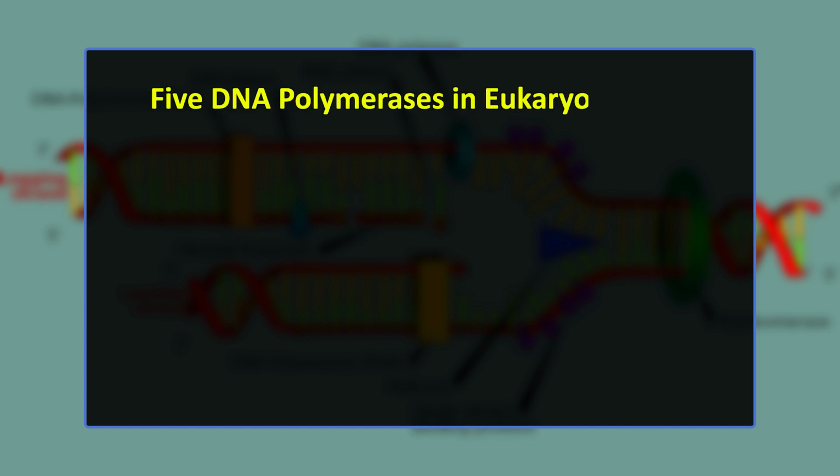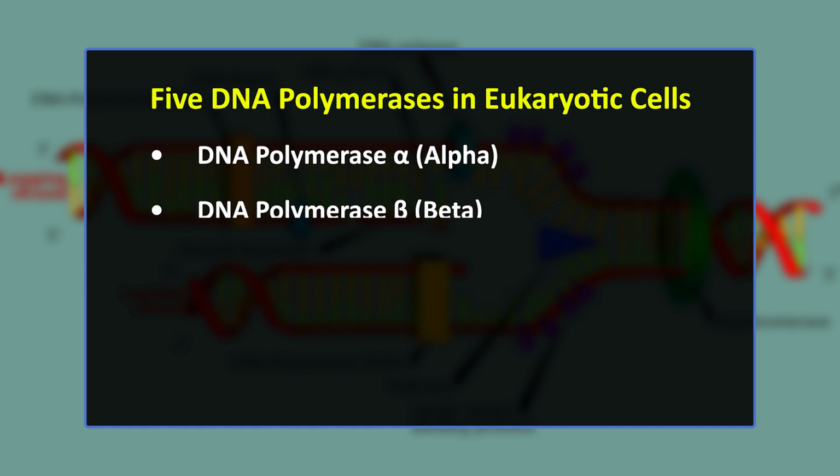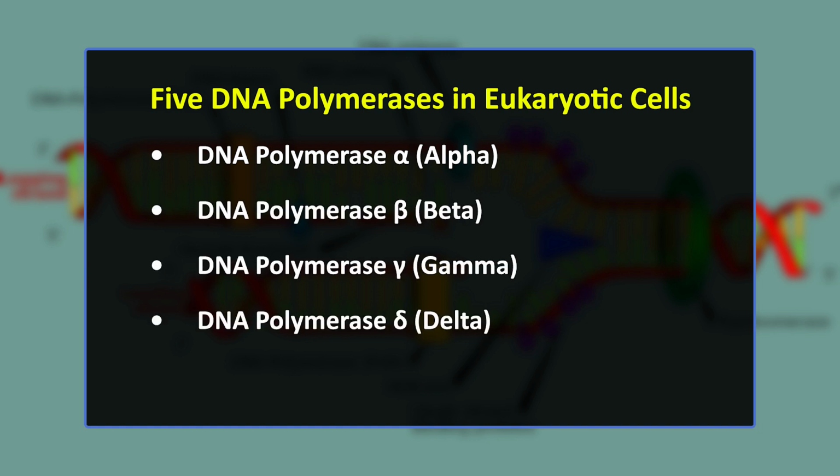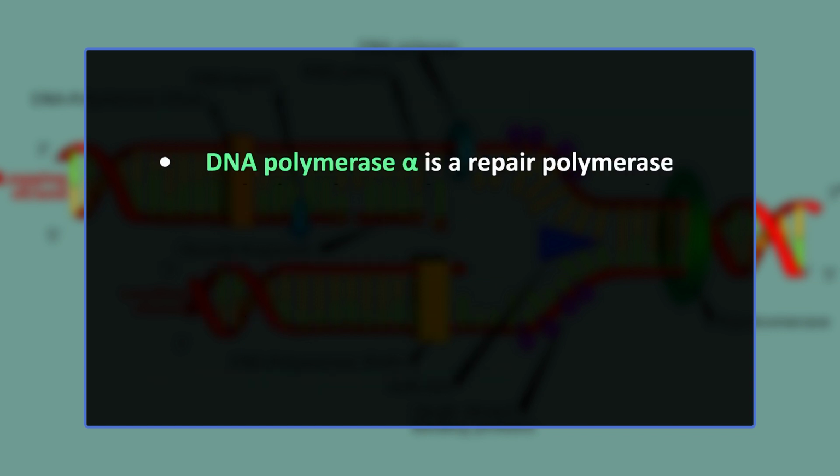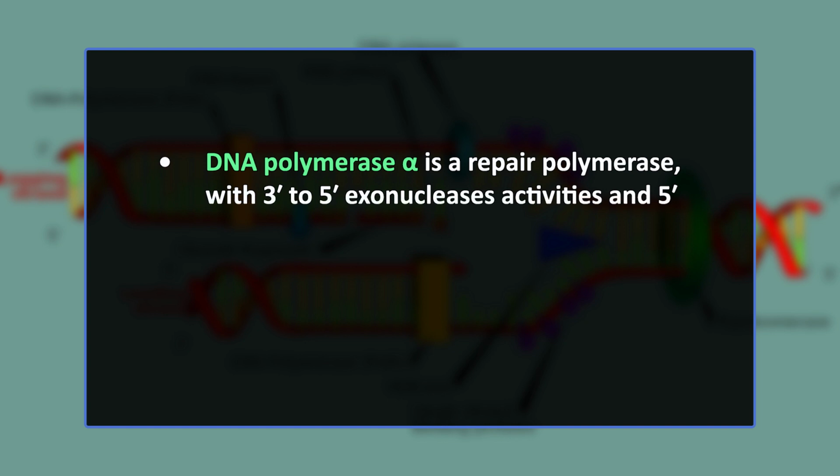In eukaryotic cells, there are 5 DNA polymerases: DNA polymerase alpha, beta, gamma, delta, and epsilon. DNA polymerase alpha is a repair polymerase with 3' to 5' exonuclease activity and 5' to 3' polymerase activity.